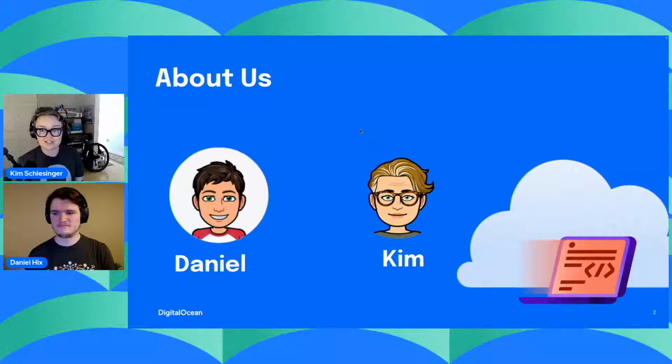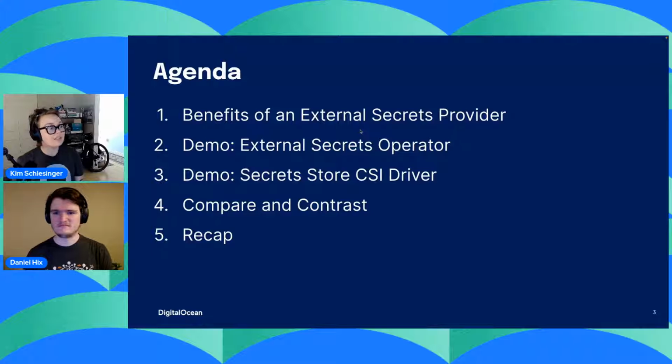Let's get started. This is our agenda for the talk. We're going to talk about a few things. The first thing is what is an external secrets provider and what are the benefits of using that. Then Daniel's going to take over, and he's going to do a demo of the External Secrets Operator project. He'll talk through that.